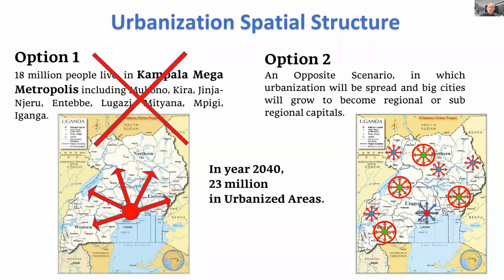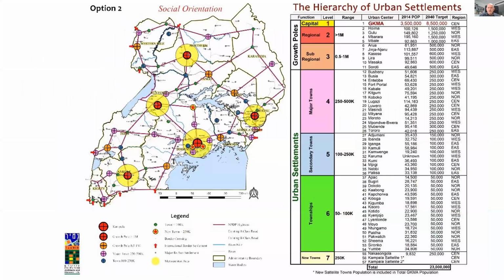Which means that we created a hierarchy of 6 levels from the capital to townships of between 50 and 100K. And we spread it on a map according to the potentials and trends from the economical point of view in different places.